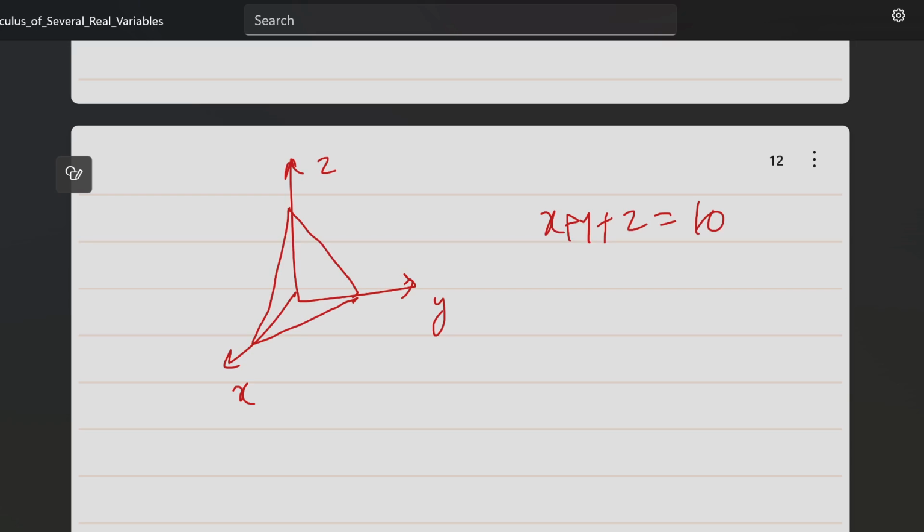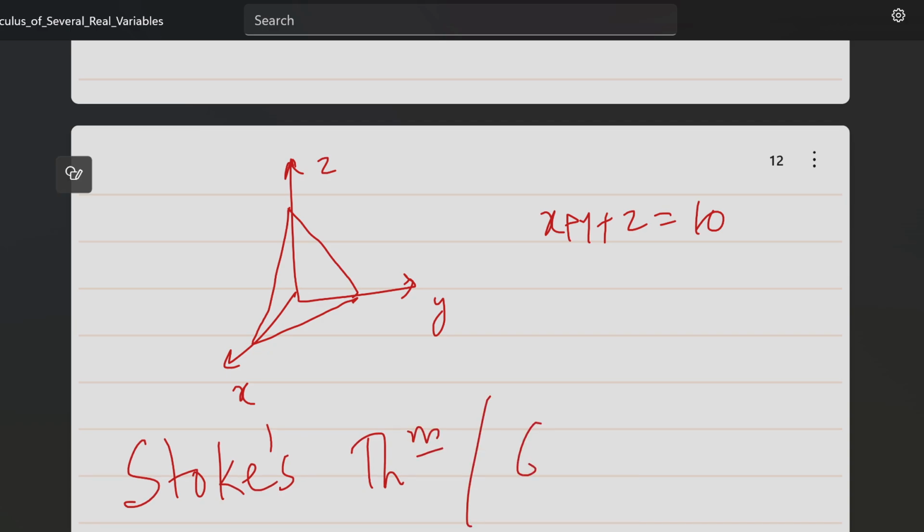Yesterday I already told about Green's and Stokes theorem, but I will tell again. Most important is, let me write Stokes theorem or Green's theorem in plane. I told you the relation, or the divergence theorem.